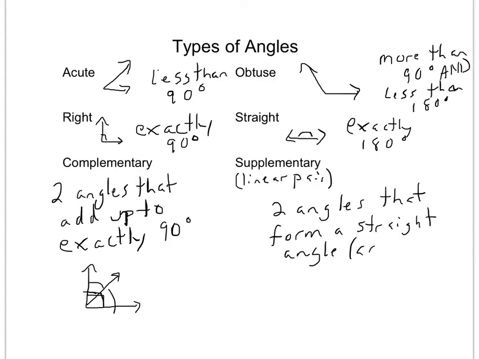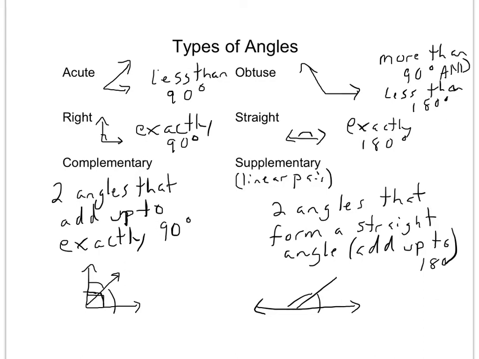Which means they add up to 180. So, say for instance, here's a straight line, then this angle and this angle would be a linear pair. They'd be supplementary. They would add up to 180 degrees.